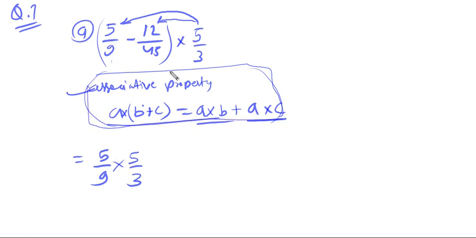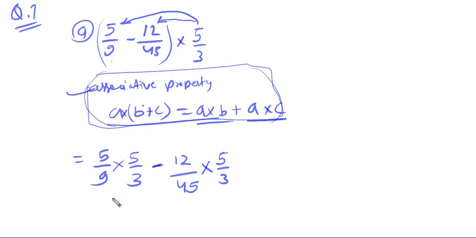Here it is minus. Remember, whatever sign comes here, it will come here. So minus, then 12 upon 45 into 5 by 3.